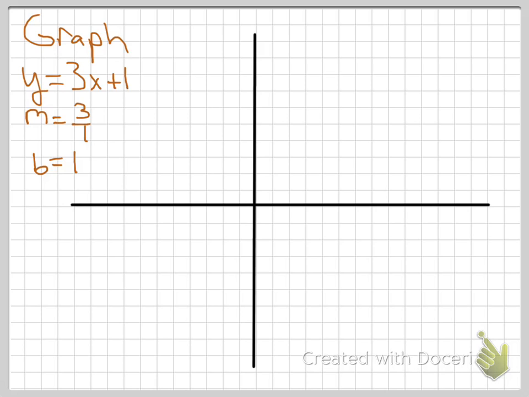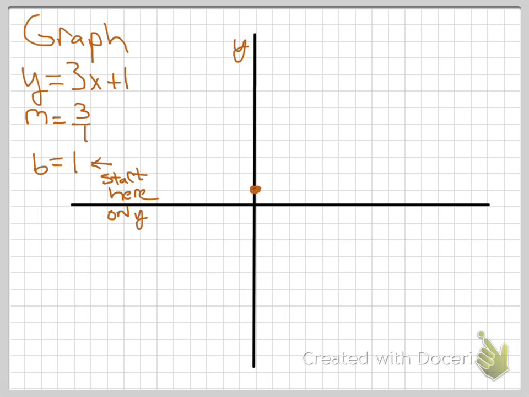When you look at graphing, you'll always start with your b. Start here, which means this starts on the y-axis. So right there. Notice all I did was, okay, positive 1, so I went up to positive 1.